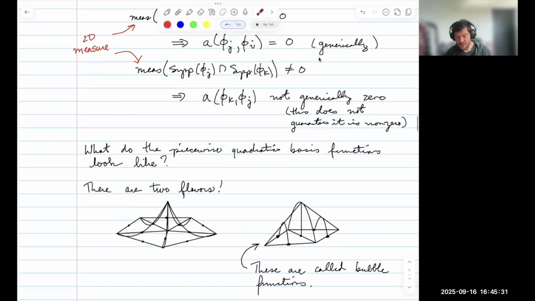What do the piecewise quadratic basis functions look like? This is the case where r is equal to 2. These are a little bit more radical and interesting, I think. Again, we're looking at a part of the triangulation, the mesh, and we're looking at this point here.